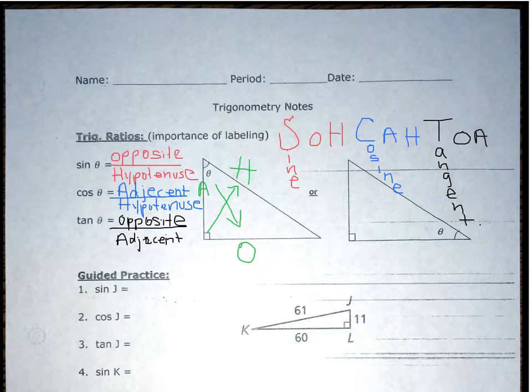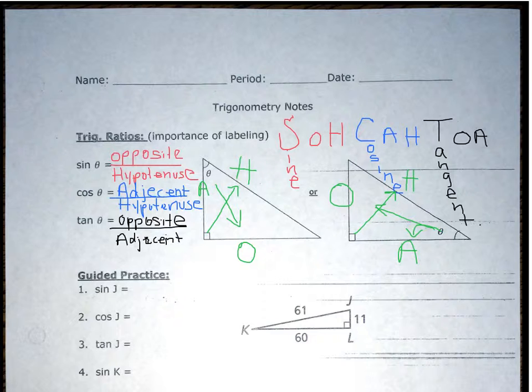If I look at the second triangle where the angle is on the base, across from theta is what letter? The opposite, so the O. Across from the right angle is H for the hypotenuse. And right next to theta is A, the adjacent. Okay, so we label the triangle like that.